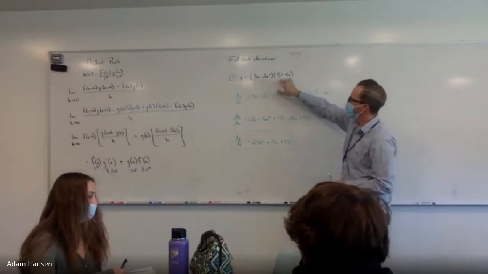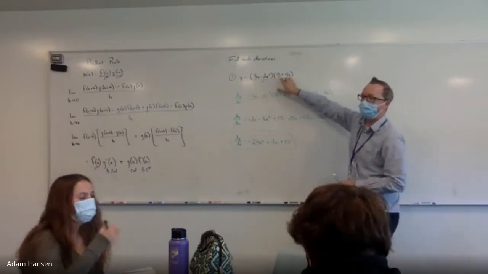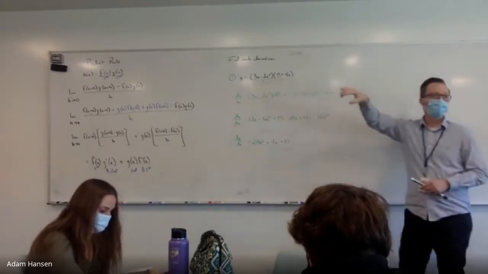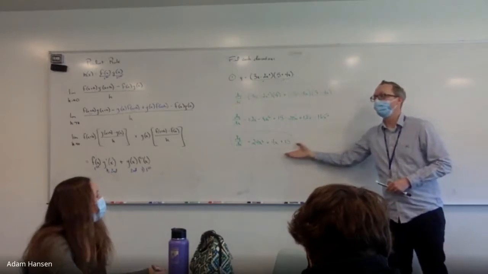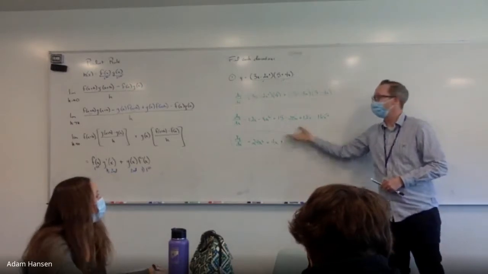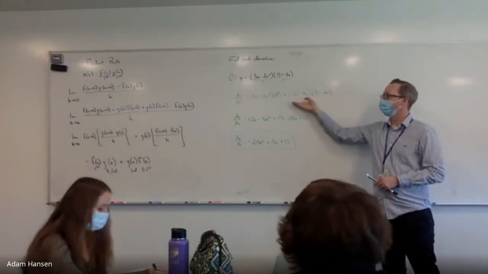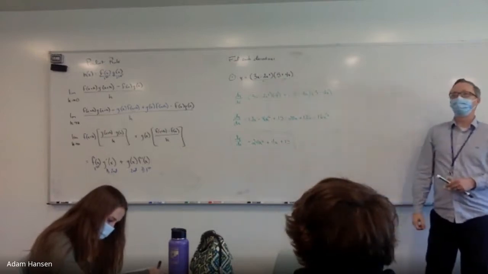Take 3x times 5 plus 4x, take negative 2x squared times 5 plus 4x, put it in expanded form, and then take the derivative. I could have done that and would have gotten the same thing. You're going to have to multiply it anyway after you get the product rule put together. But I can use the product rule for this, the way it's written.